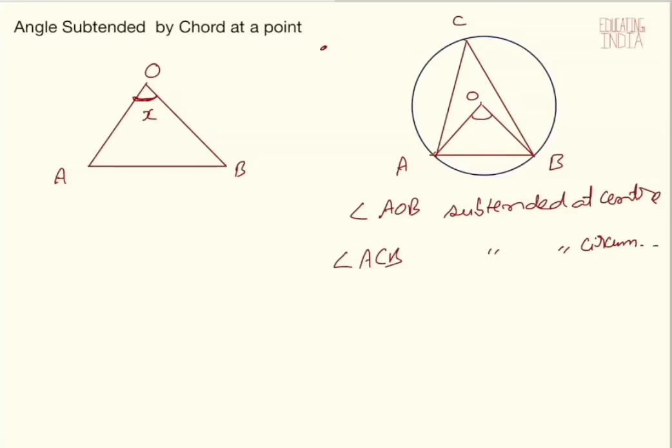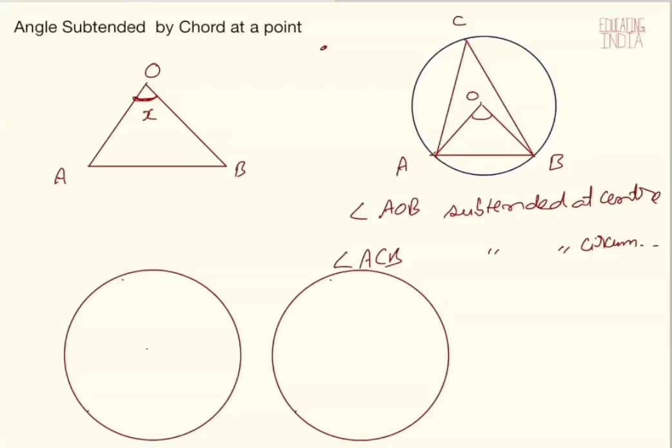Now the next point is, if the length of the chord changes, how is the angle going to change? Let us compare these two equivalent circles, with their centers marked. One chord is here and one chord is here; one is the smaller chord and one is the bigger chord. This is the angle subtended by the smaller chord at the center, and here the angle subtended by the bigger chord at the center is this.